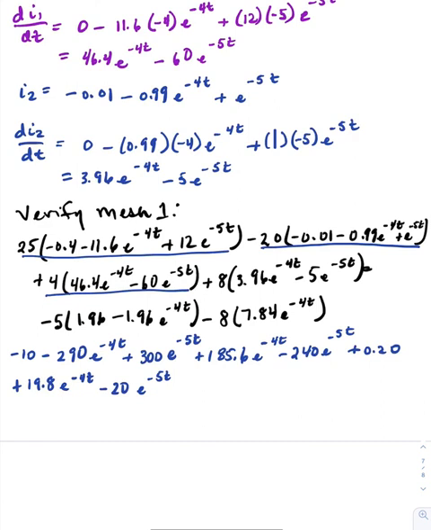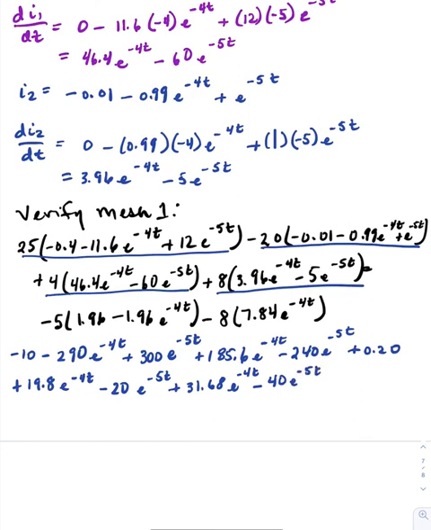Okay, and now let's do this one here. So that'd be plus 31.68 e to the minus 4t minus 40 e to the minus 5t.